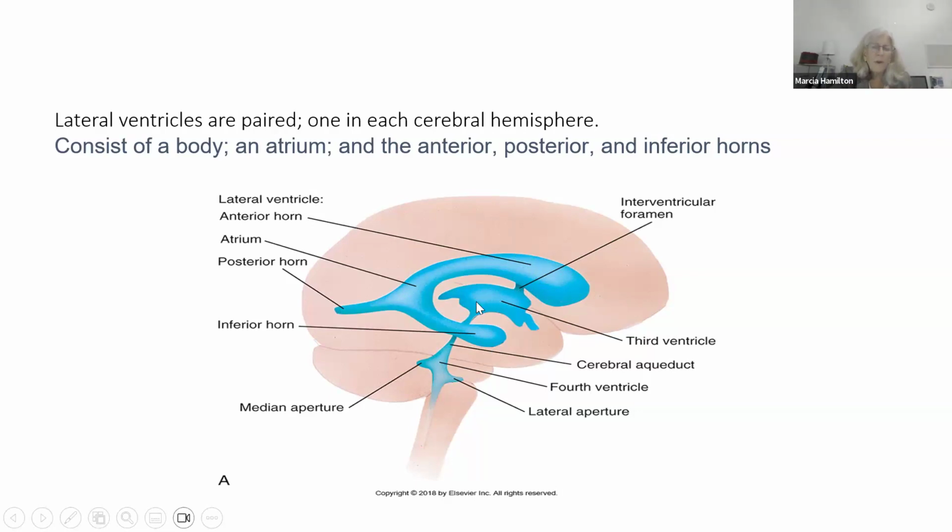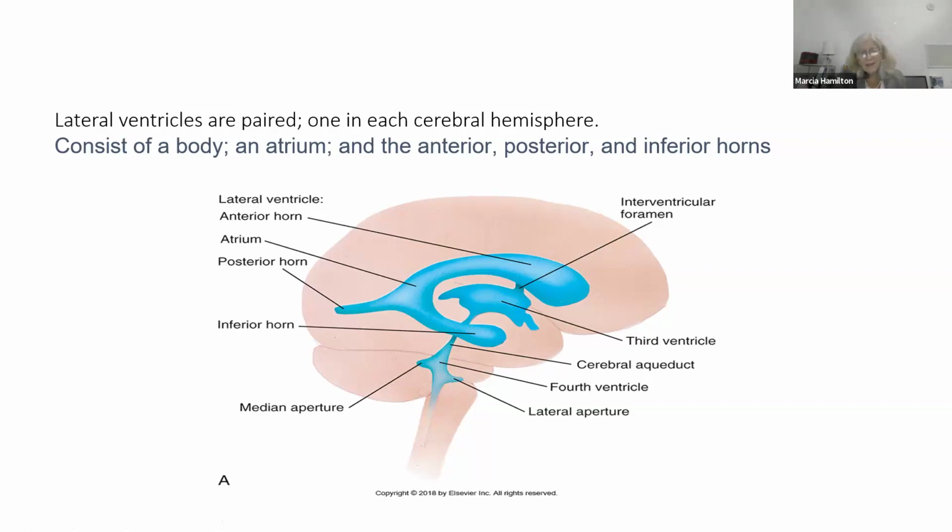And then from the third ventricle, it's going to travel down this skinny tube called the cerebral aqueduct into the fourth ventricle. So remember, that's the one that is the backwards 4. And then from there, it's going to go down a hole called the central canal into the spinal cord.